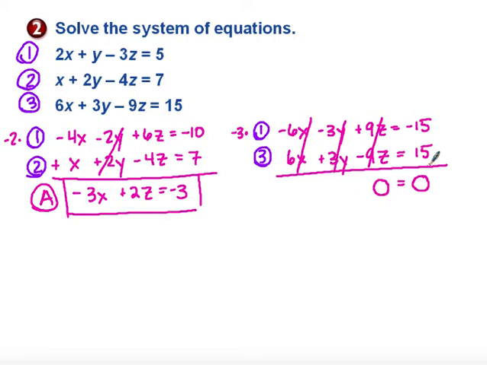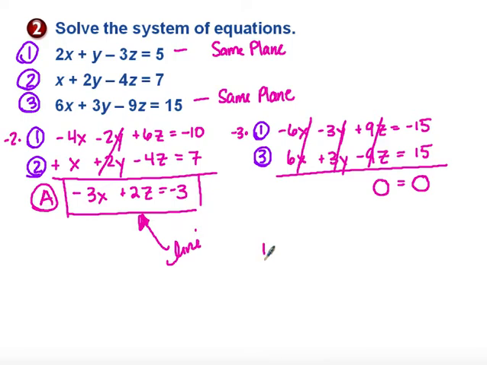So that means that 1 and 3 were the same plane when everything cancels like that. And as long as the same plane is intersecting in a line, which is what we have here, that means that they're intersecting at the same place.